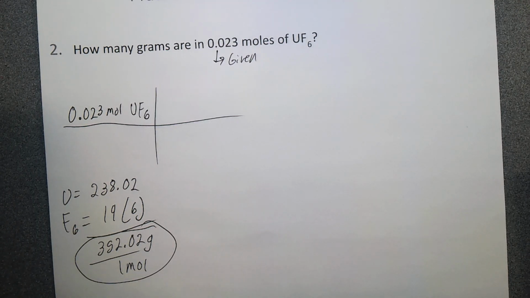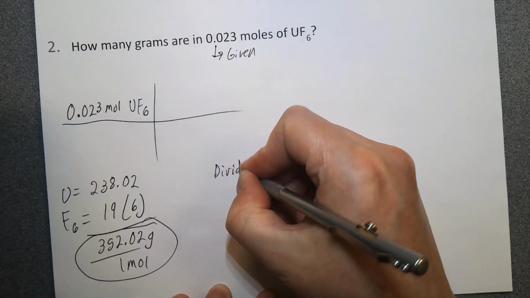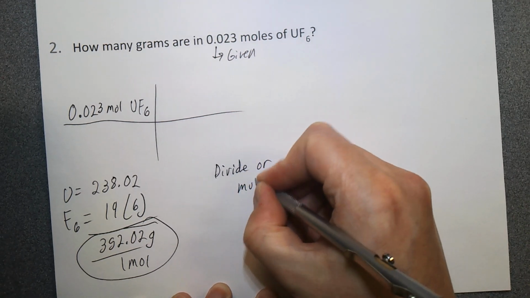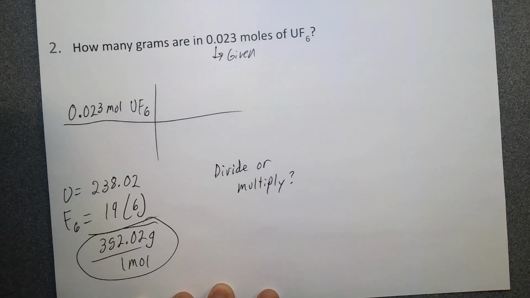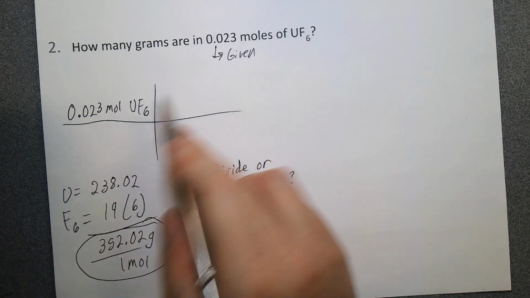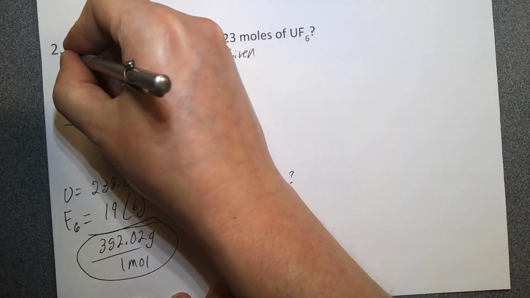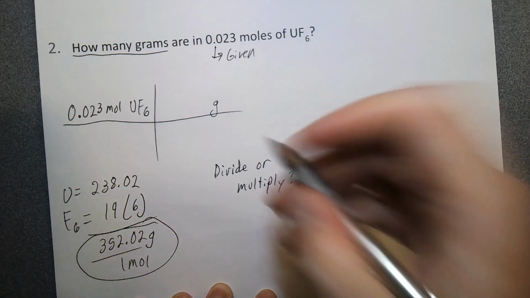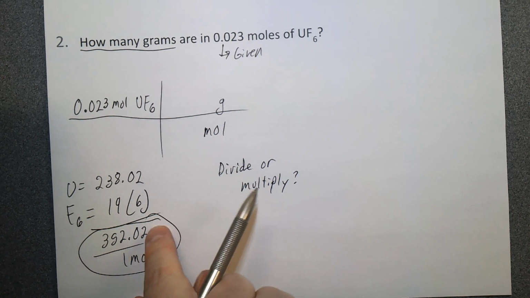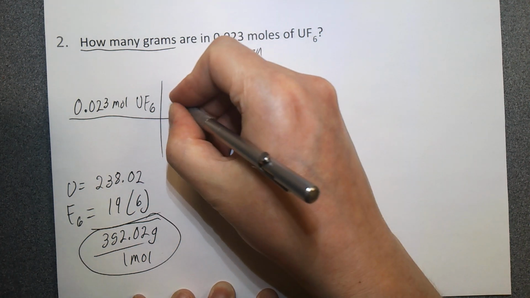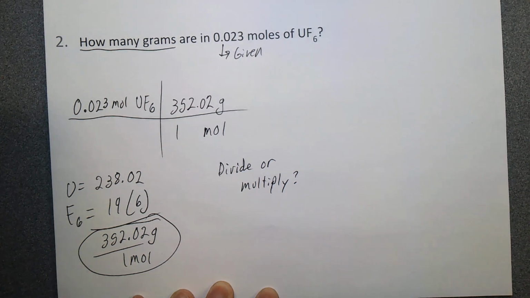That is going to be our conversion factor, but again, we have to decide, am I dividing or multiplying? And that's just going to come down to canceling out my units. In this case, I want grams, so I want grams to be on top because it's asking me how many grams, which means mole is going to go on the bottom. I already know how many grams equals 1 mole. It's 352.02 grams is 1 mole.